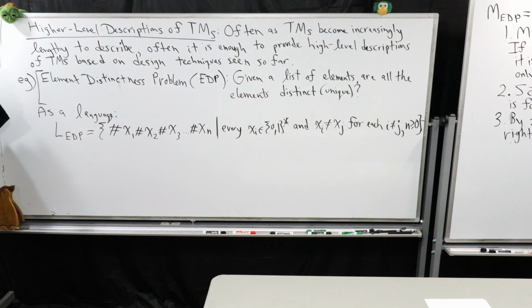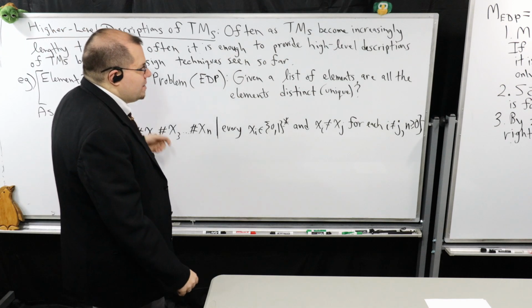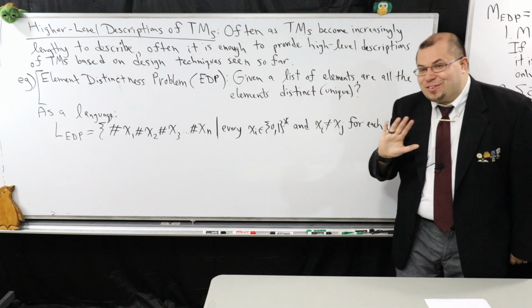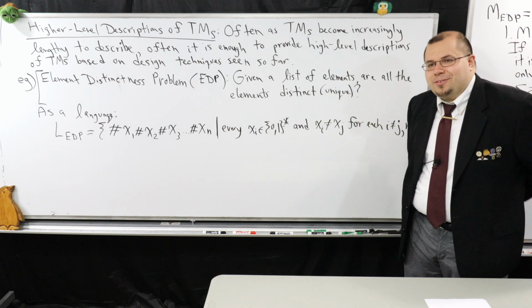Before we get ahead of ourselves, in a language that isn't really talking about a Turing machine, can somebody tell me one way to solve this in quadratic time? Don't give me the fastest way, just give me the first thing that comes to mind for how you would solve this in a conventional programming language.